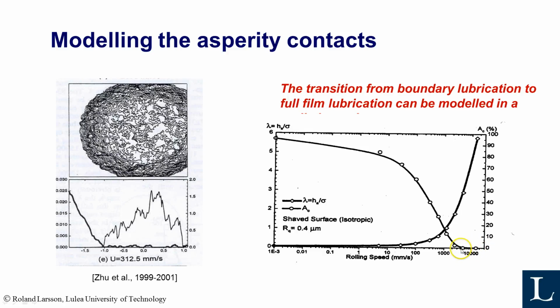So here, around here, full film lubrication occurs. And you can see here that the lambda parameter when that happens is around 2.5. So the Stribeck curve is pretty okay if we can trust this type of modeling.